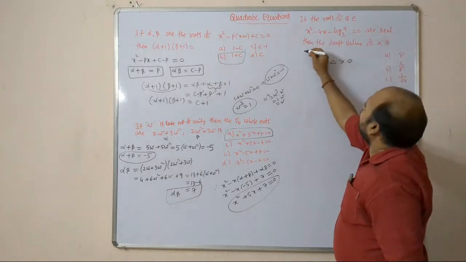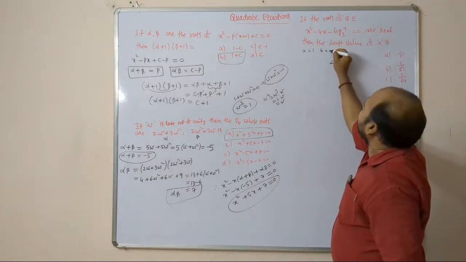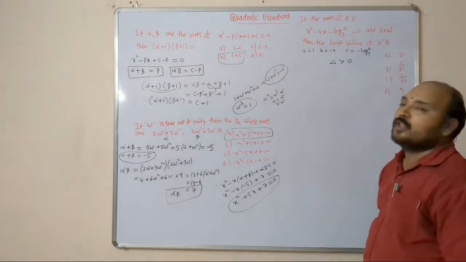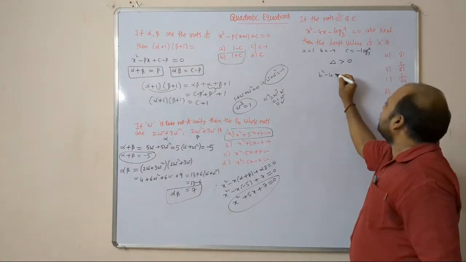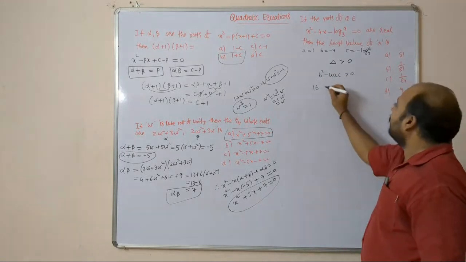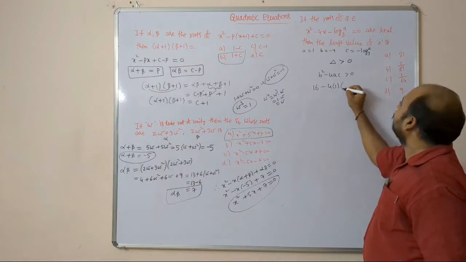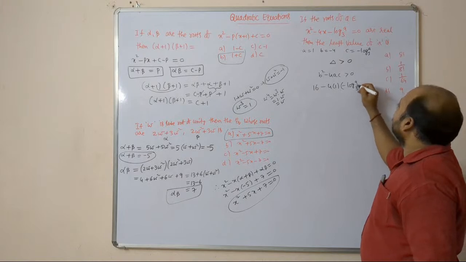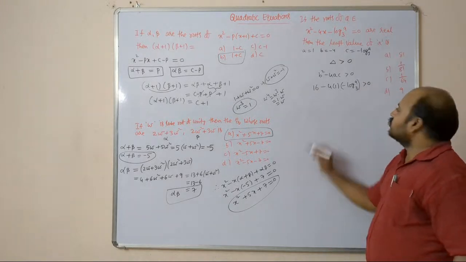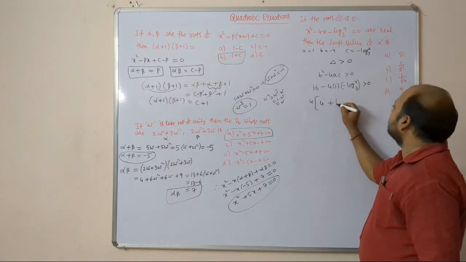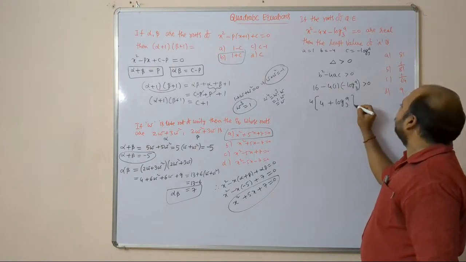So a value 1, b value minus 4 and c value minus log a to the base 3. So b square minus 4ac is greater than 0. B square means minus 4 whole square, 16 minus 4 into 1 into minus log a to the base 3 is greater than 0. So from these two, 4 take out common: 4 plus log a to the base 3 is greater than 0.